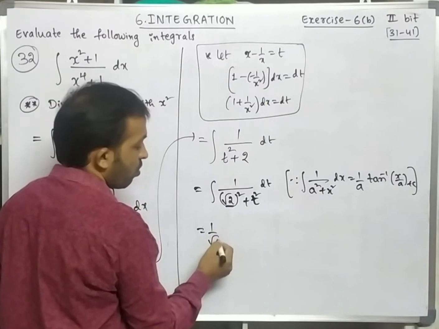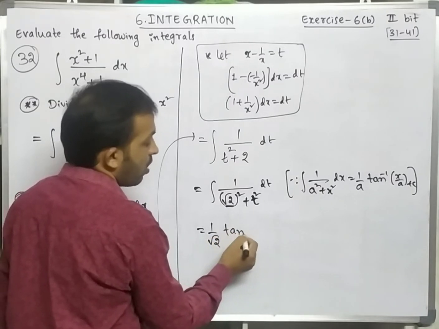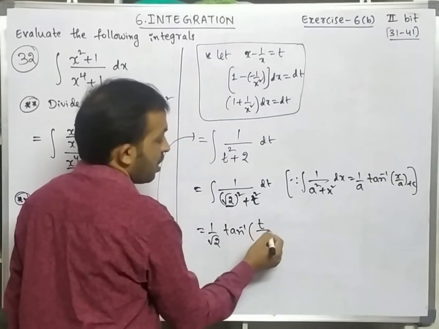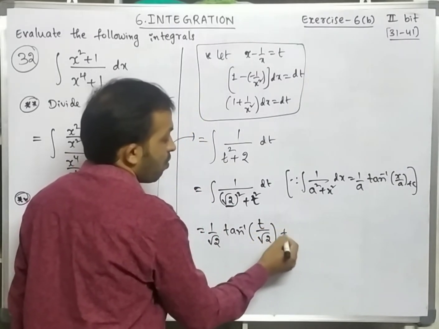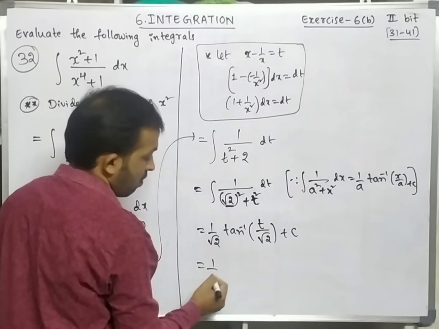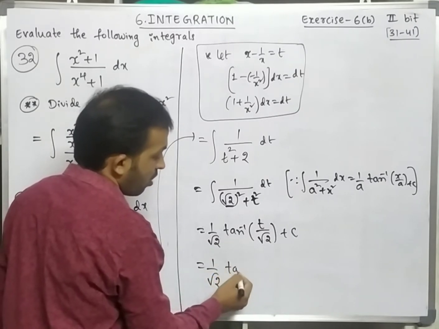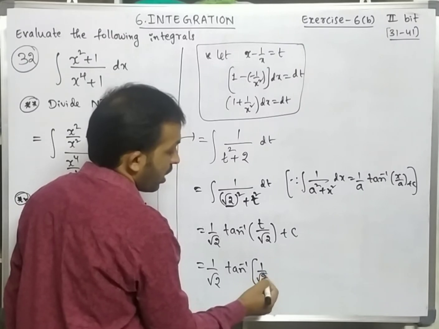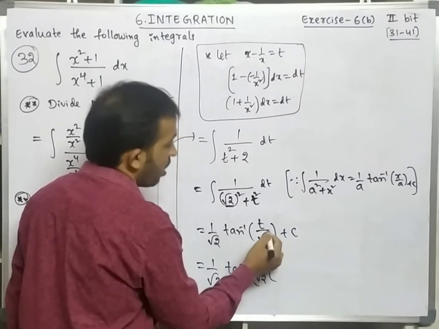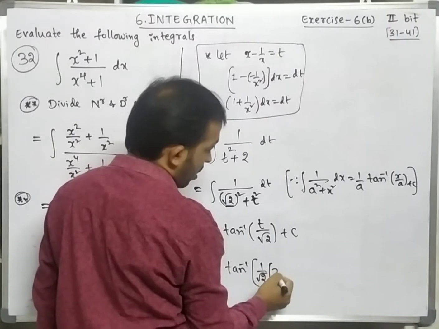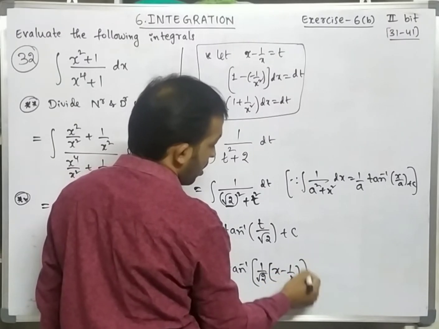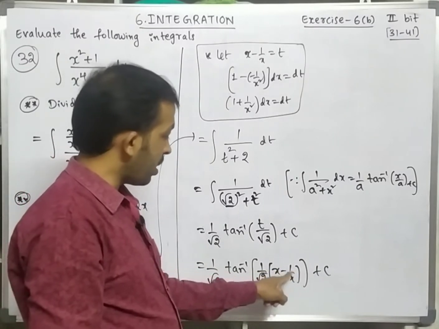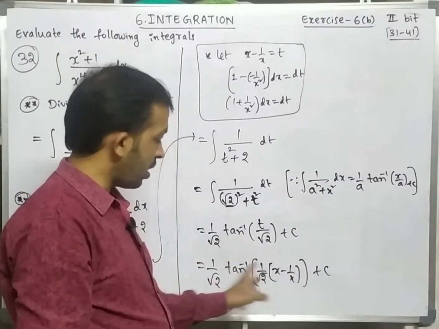We get 1 by root 2 tan inverse of t by root 2 plus c. What is t? That is x minus 1 by x. So the value of t is x minus 1 by x, into 1 by root 2 inside.